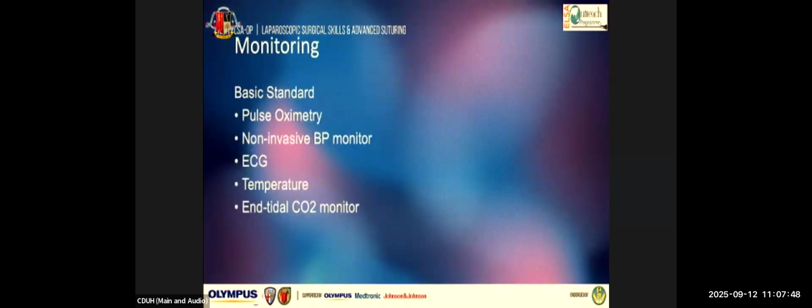It is therefore imperative to employ basic standard intraoperative monitoring like pulse oximetry, non-invasive BP monitoring, ECG, temperature, and end-tidal CO2 monitoring. Additional invasive monitors are employed depending on the special needs of the patient and procedures.